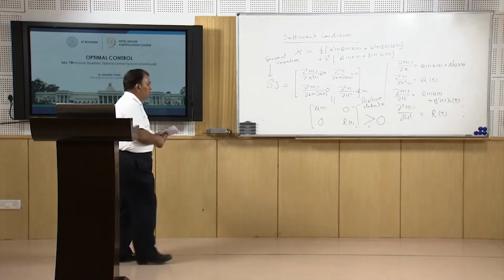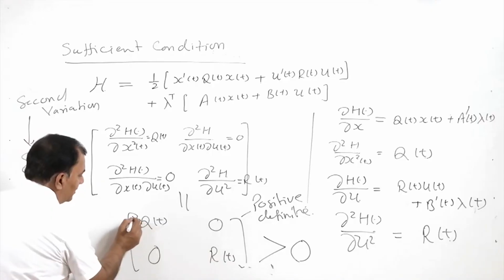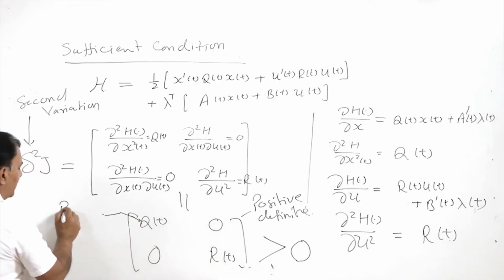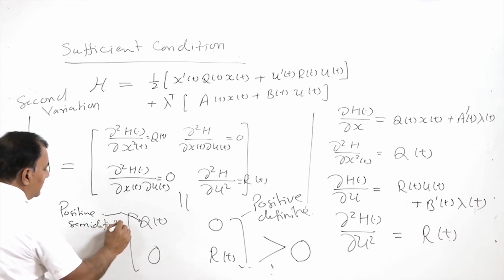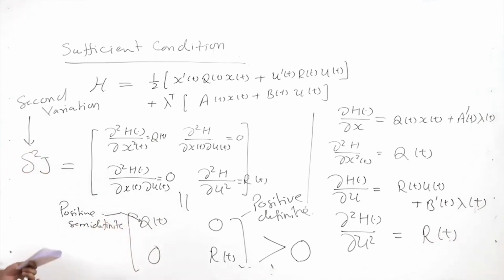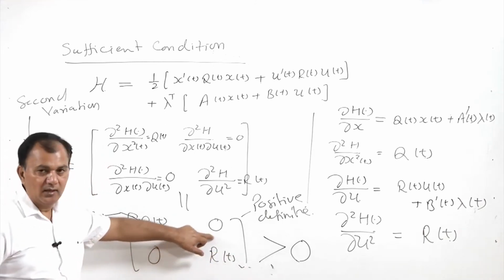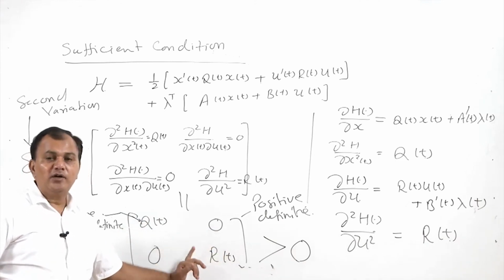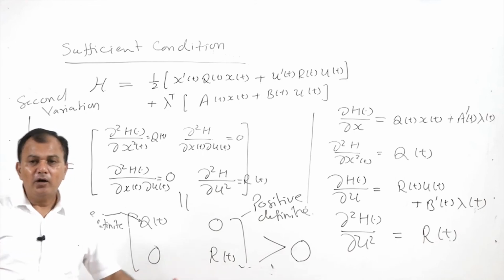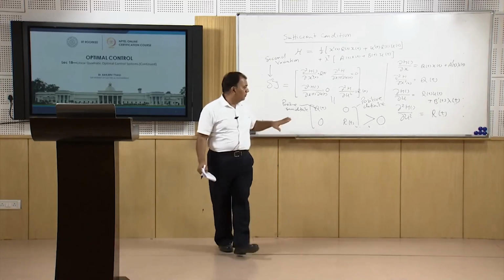In this matrix, my Q is positive semi definite, so the definiteness of this matrix will depend on R(t), and this R(t) always should be positive definite for the performance index to be the minimum.